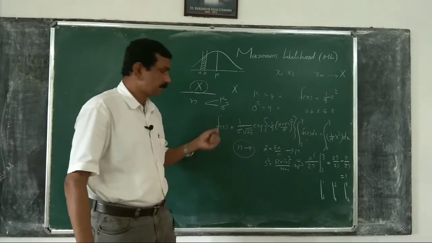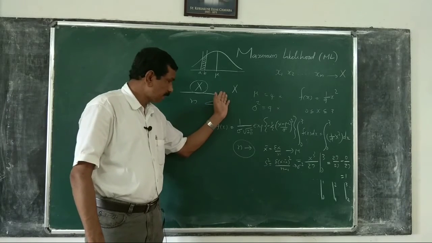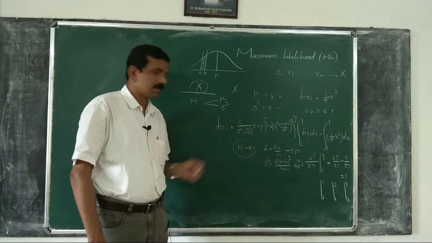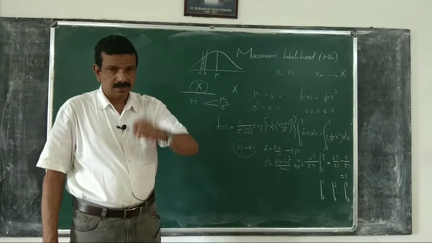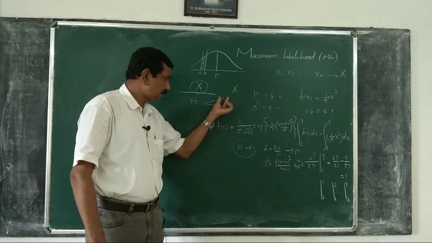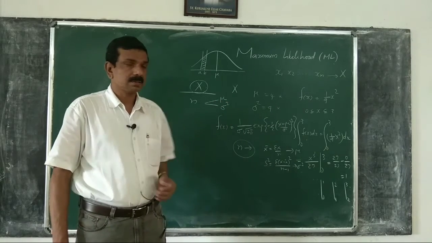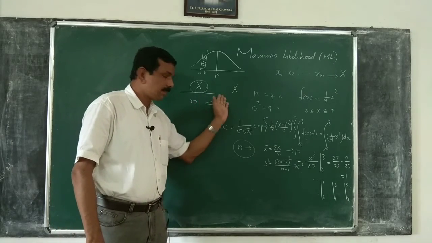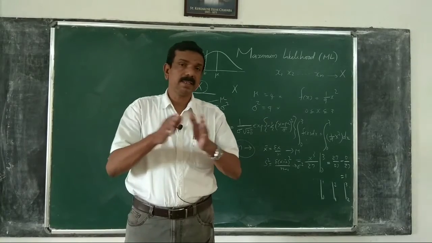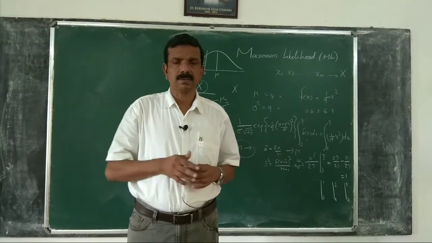Parameters are unknown, sample values are observed. Then we calculate the probability of observed samples for each set of mu and sigma square and choose as our estimators those values which maximize the probability of observed samples. This is the idea behind the method of maximal likelihood, and the idea is very simple.